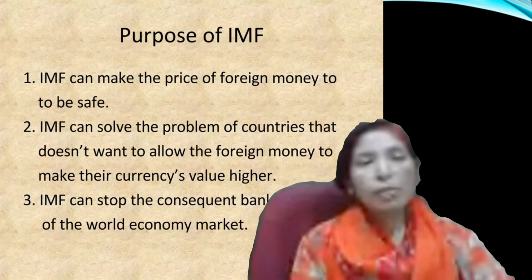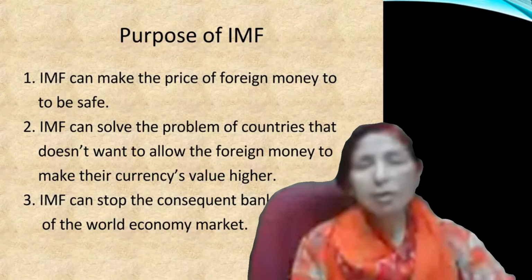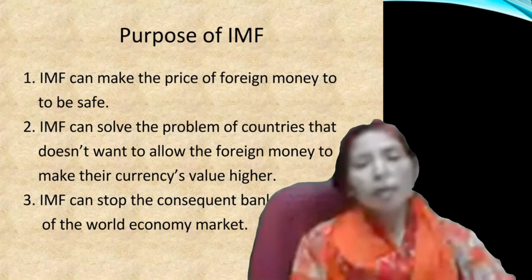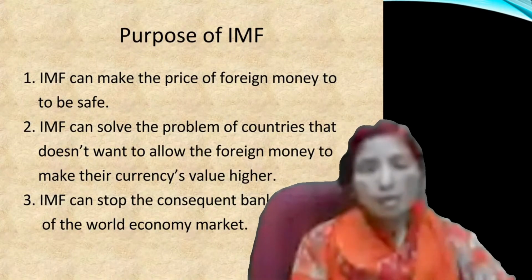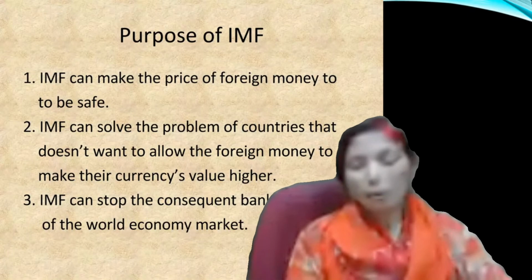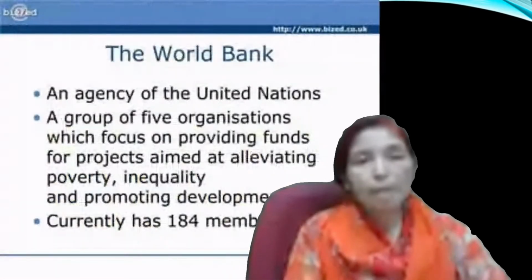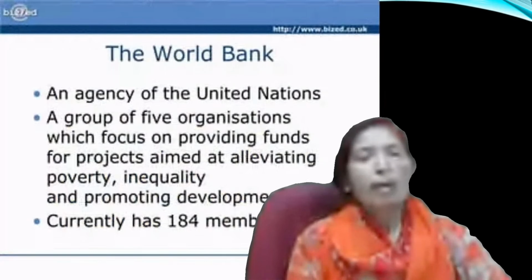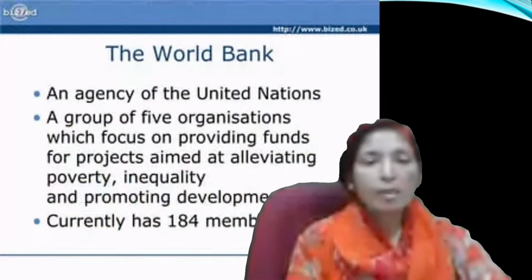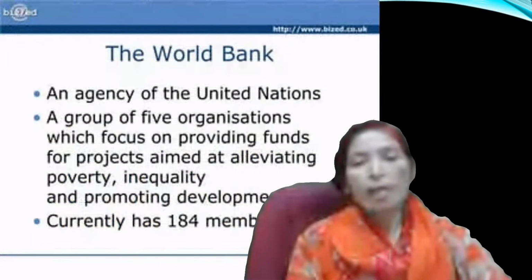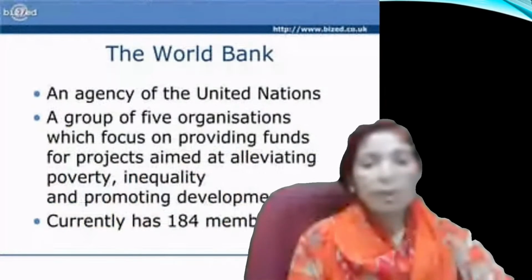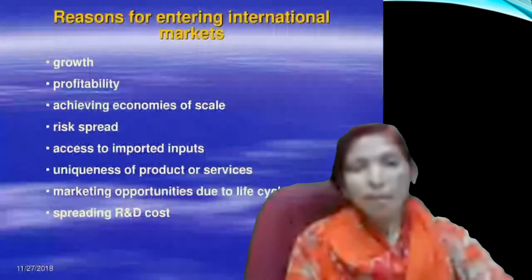Its main purpose is to keep the price of foreign money stable. The IMF can solve the problems of countries that do not want to allow foreign money to raise their currency's value, and it can stop the consequent bankruptcy of the world economic market. The World Bank is an agency of the United Nations. The World Bank is a group of five organizations which focuses on providing funds for projects aimed at alleviating poverty, inequality, and promoting development. Currently, it has 184 members.